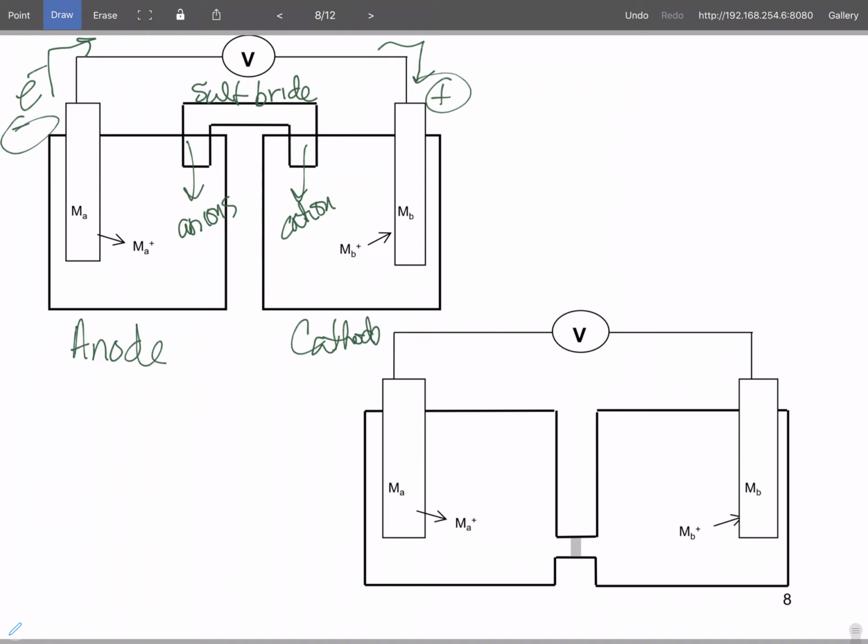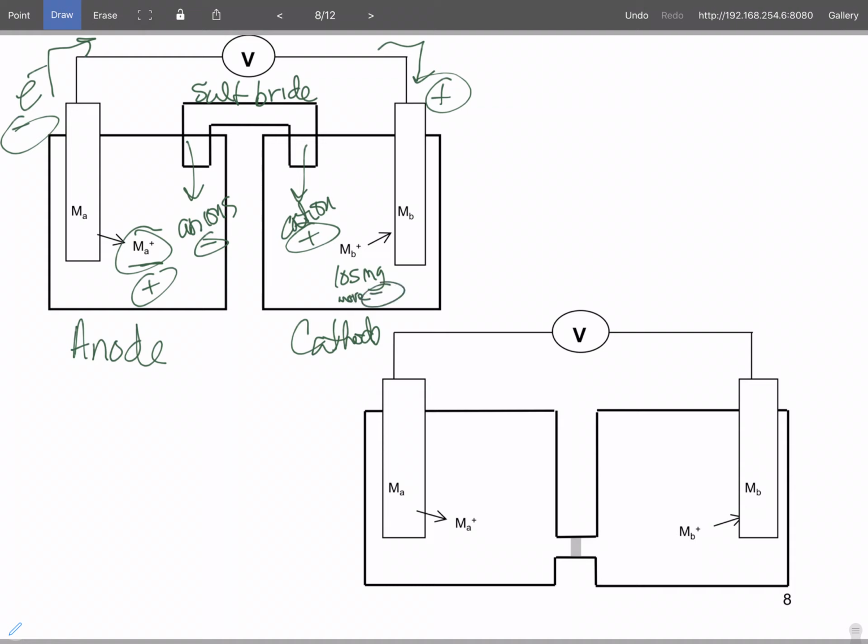If you'll notice, as the metal electrode loses the electrons, it forms the positive ions, and that's why the positives must be counteracted by the negatives. And here you're losing positives, so you have to have positives coming in. You're becoming basically more negative here.